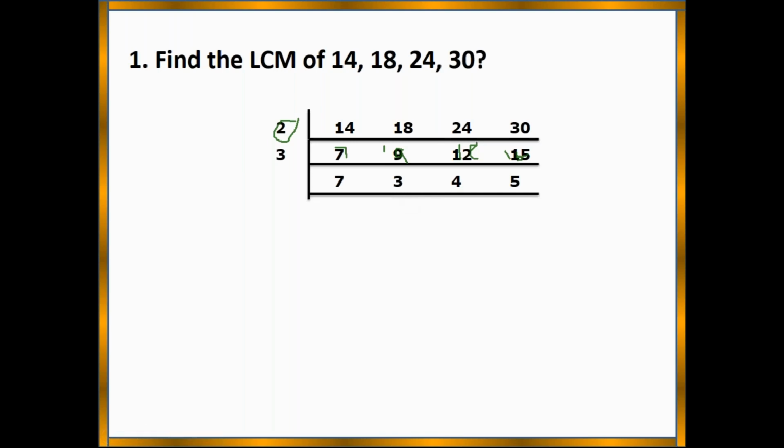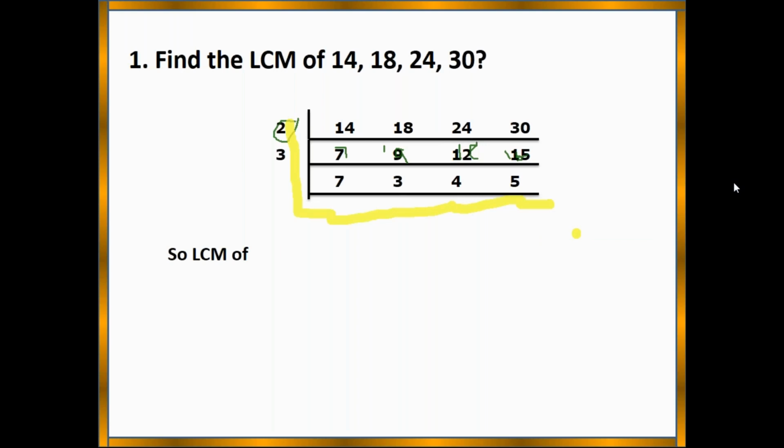Now if you want to go for the LCM, LCM is nothing but the multiplication: 2 into 3 into 7 into 3 into 4 into 5. This is the LCM of the given numbers.